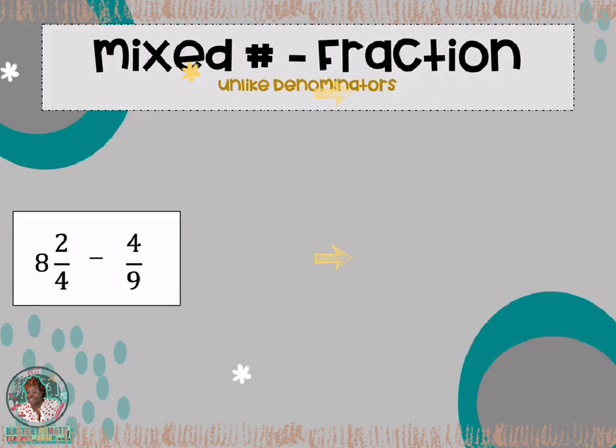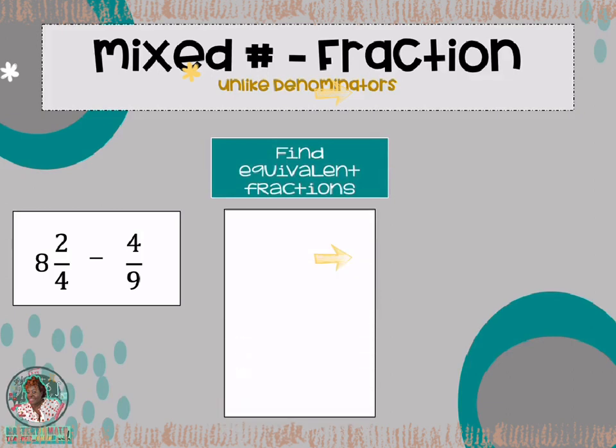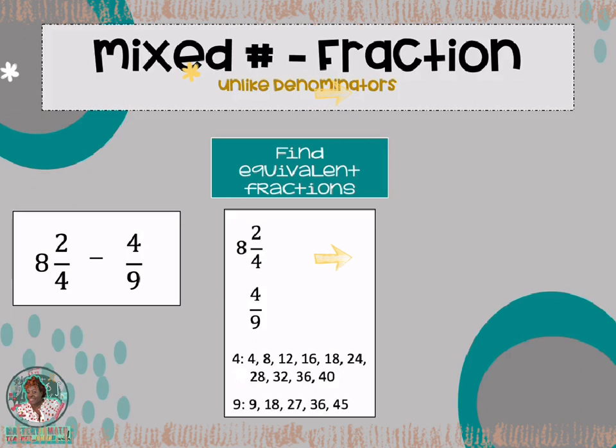Again, you're taking away 4/9 from 8 and 2/4. And we're going to find equivalent fractions. You have 8 and 2/4, and you have 4/9. Find multiples of your denominators and then see where they meet.